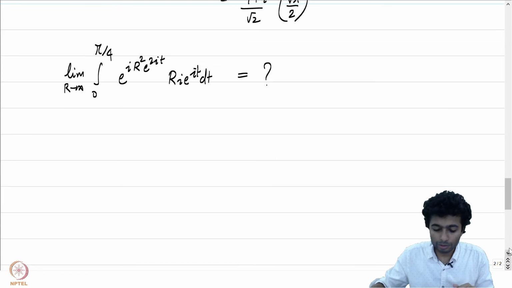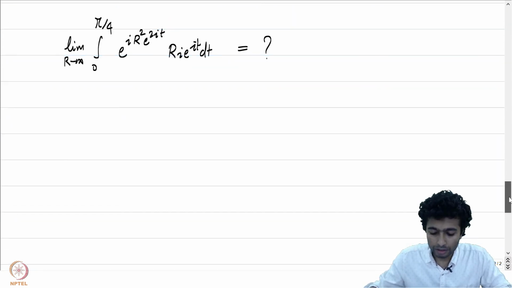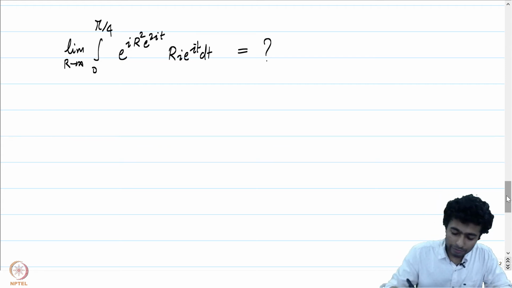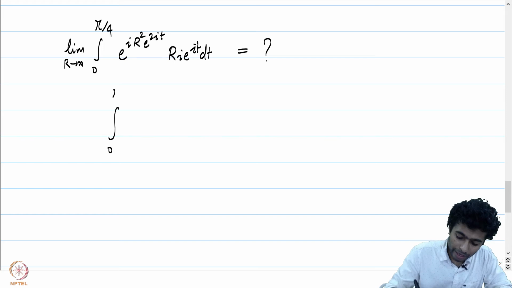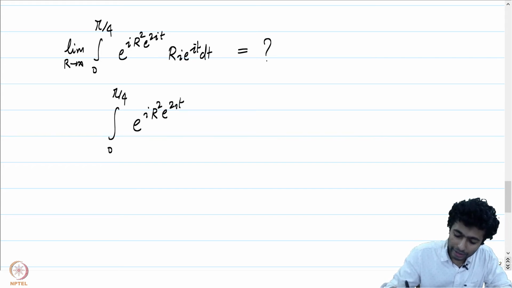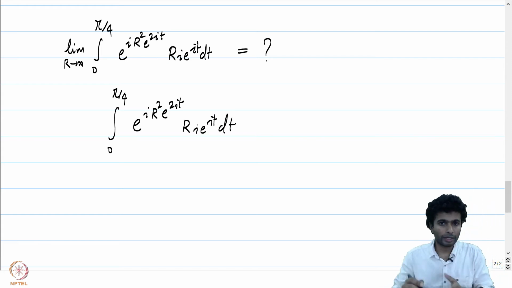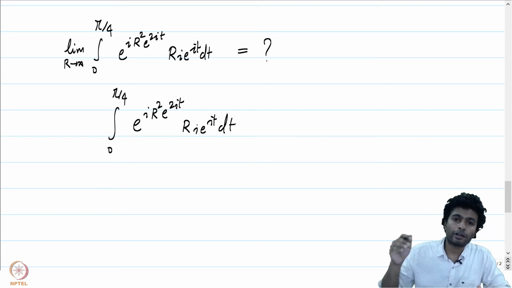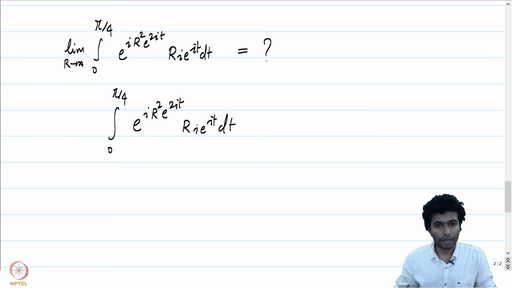Let's try to give, so notice that even though there are complex terms in the integrand, if you look at the integral from 0 to pi by 4 of e to the power i r square e to the power 2i t into r i e to the power i t dt, even if we look at this particular integral, after writing it in terms of the real part and the imaginary part, we will be able to treat these as Riemann integrals of real valued functions on 0 to pi by 4.